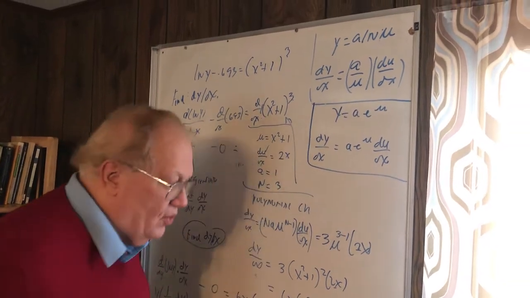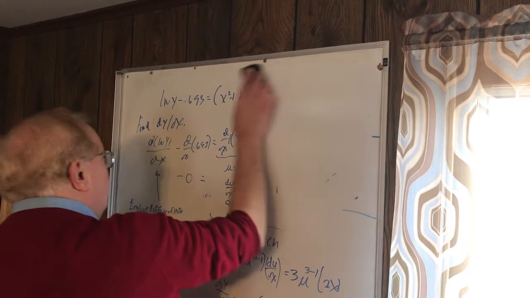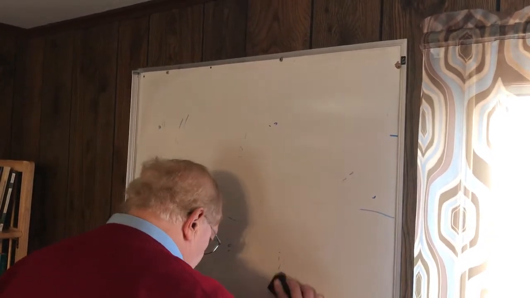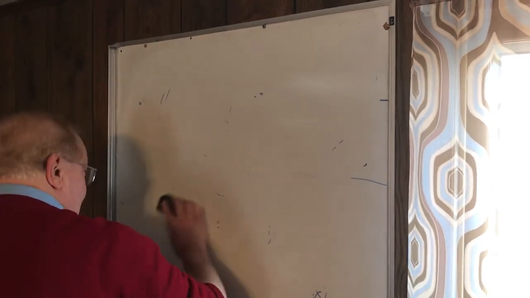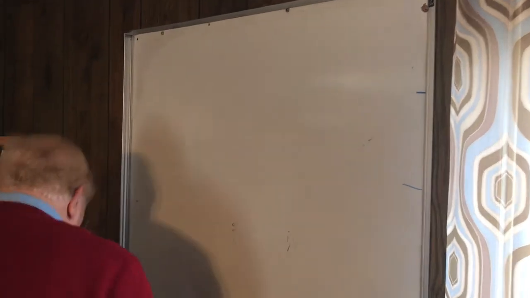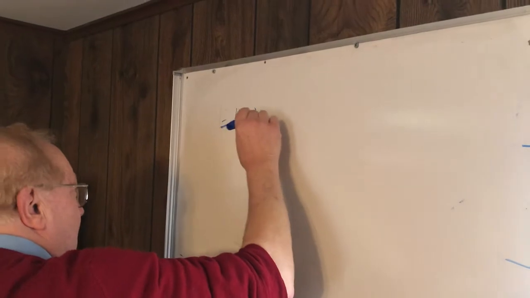Let's erase the board and go on to section 11.3, which we had covered before. And we were into 11.5 actually. And we were talking about elasticity of demand. 5 minutes. Okay.